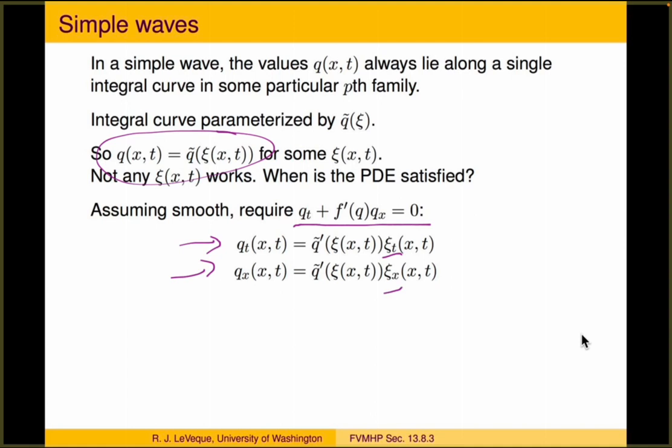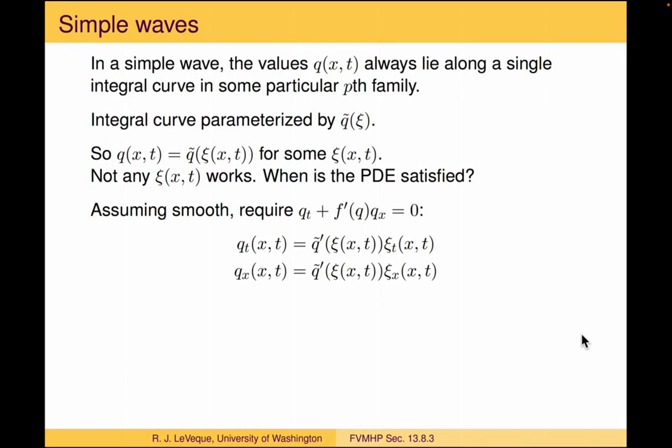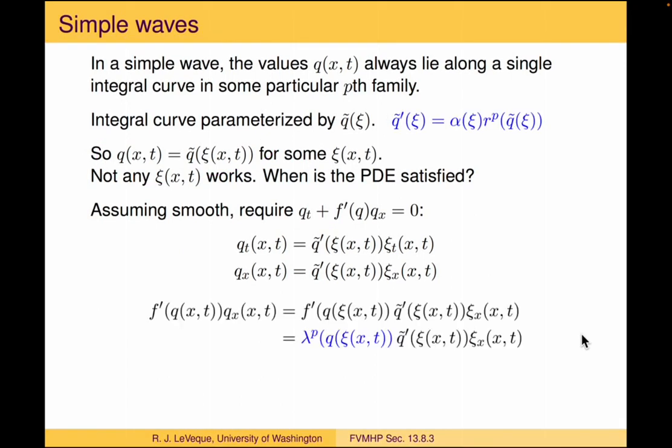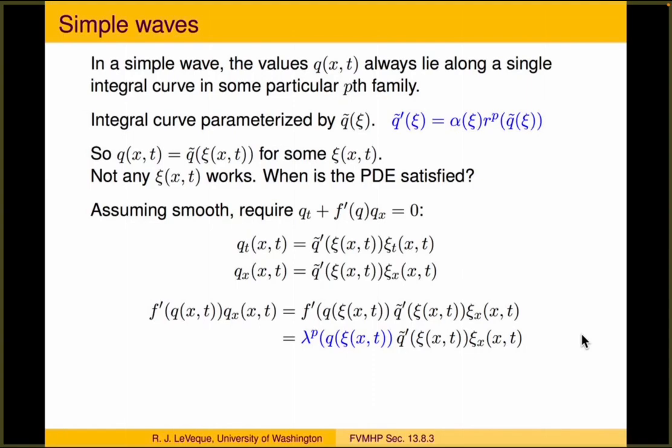And so if we now take these expressions and plug them into the differential equation, well, before plugging it in, we have to compute f prime times q_x. Well, f prime times q_x is the Jacobian matrix multiplied by this q_x that we computed up here. But now here's where we use the fact that the derivative q tilde prime of xi is proportional to an eigenvector of the matrix.